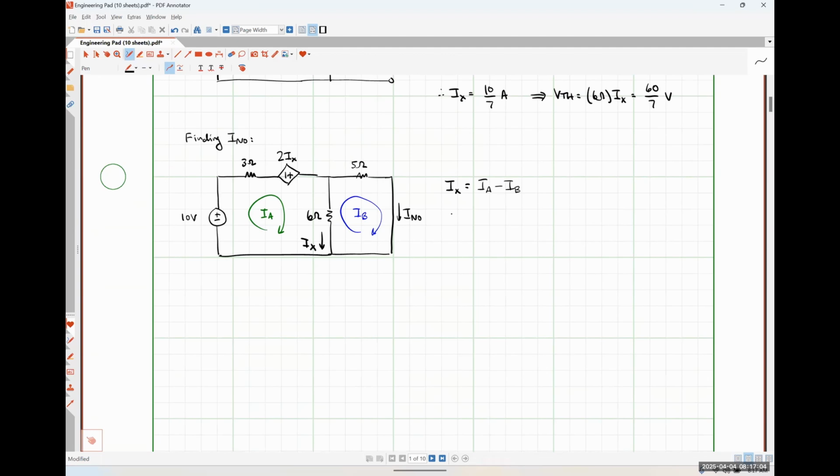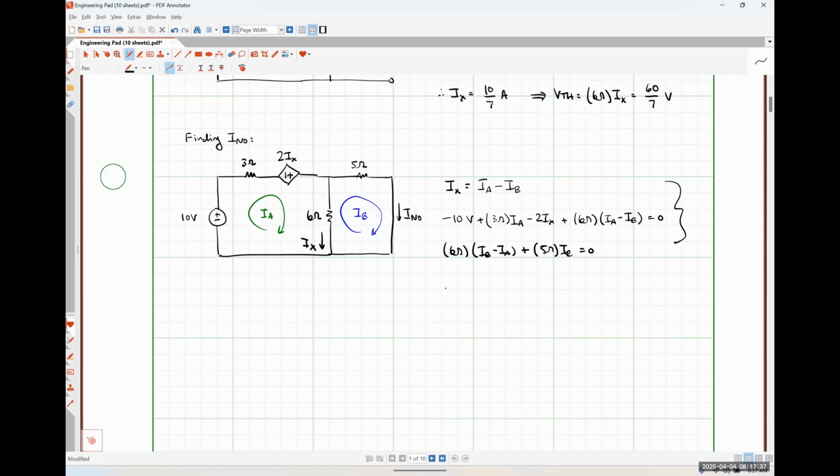So around mesh A, that's going to look like negative 10 volts plus 3 ohms IA minus 2IX plus 6 ohms IA minus IB is equal to 0. And then around mesh B, this is going to be 6 ohms times IB minus IA plus 5 ohms times IB is equal to 0.